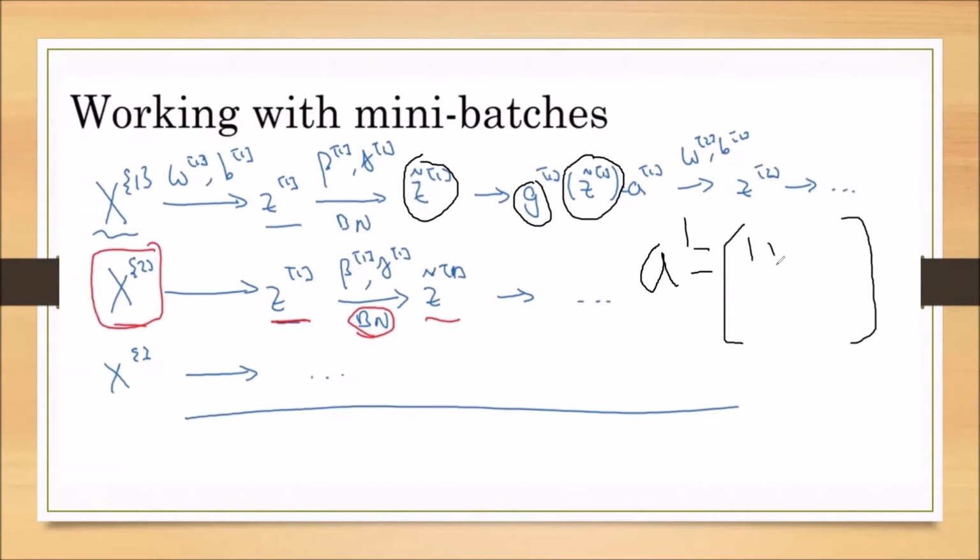We have 1,000 columns, and in each column we have R rows. The R rows tell us there are R activation units in the first layer, and the 1,000 columns are the outputs for the 1,000 training samples.